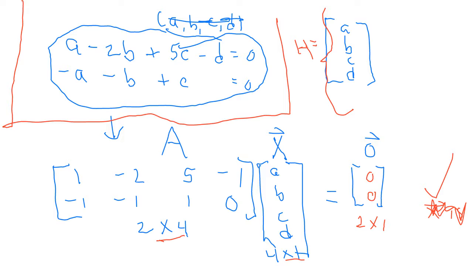space H was the set of A, B, C, D such that A minus 2B plus 5C equals D. And then the other restriction was that C minus A equals B. If you look at example 2 in section 4.2 of your book, this is how space H was defined.